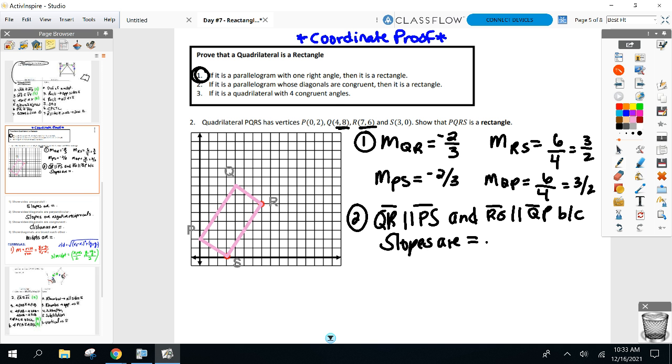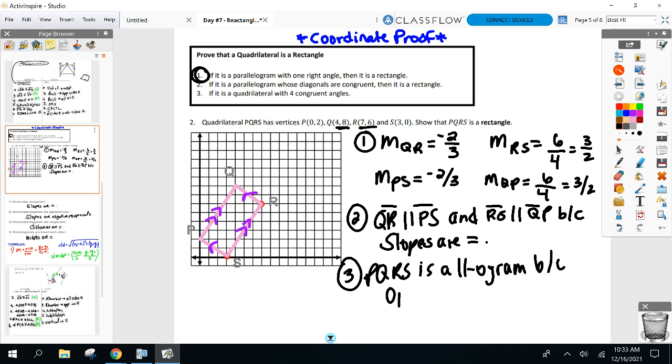All right, so here's what we have. Parallel, parallel, parallel, parallel. What is this? Okay, there we go. There's step 3. PQRS is a parallelogram, and just like you would in your reasons column, because opposite sides are parallel.